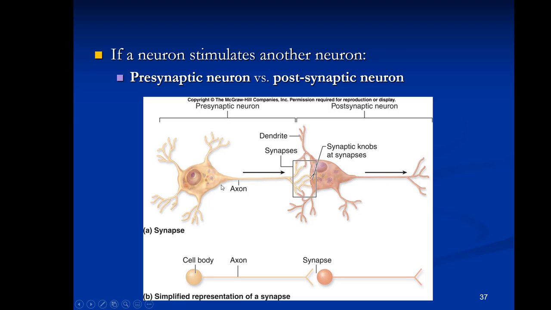If you wanted to stimulate this postsynaptic neuron, you would want the response here to be depolarization, to make it more likely that this neuron is going to get to that critical threshold of -55, because it's already at -70. If you want to stimulate it to send an action potential itself, you've got to get it to -55. So it would make sense to have a depolarizing stimulus here.